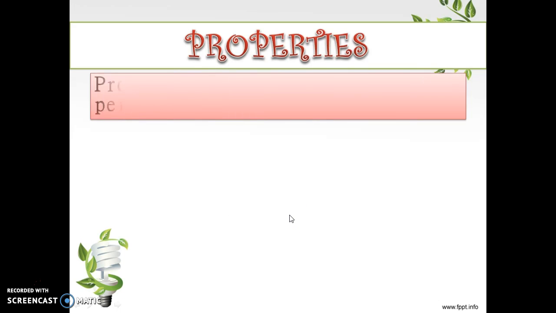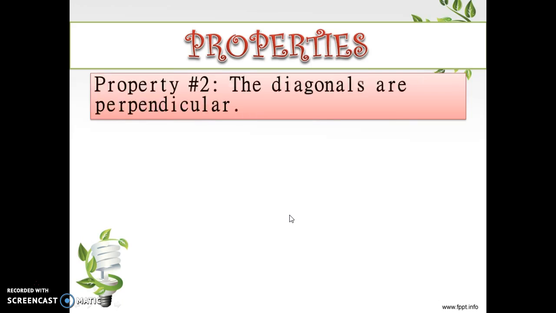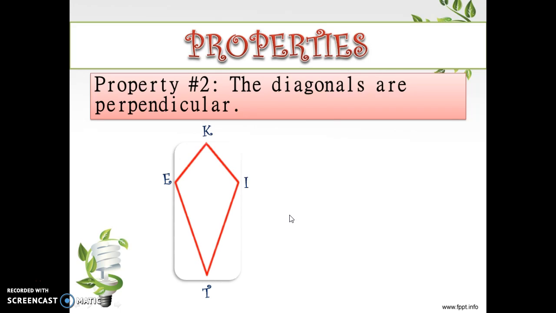So the second property states that the diagonals are perpendicular. So look at this diagram. First diagonal, second diagonal.